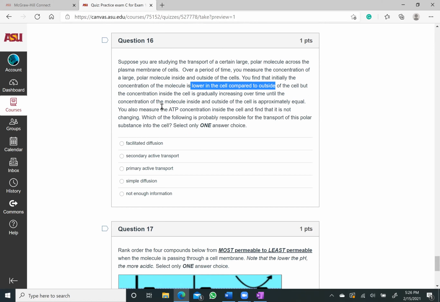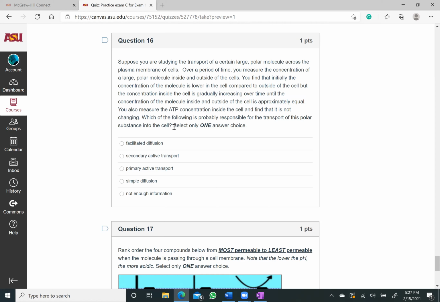Okay. And then it increased, inside and outside were equal. Okay, so we had this concentration gradient that was there, and then it became equal. So it found equilibrium. ATP concentration did not change.